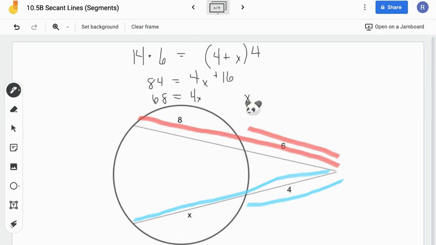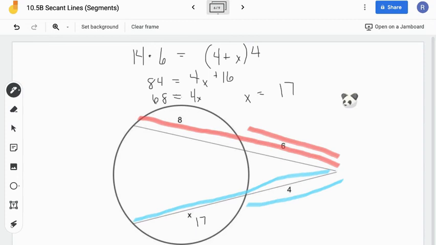Which means if I divide it, I'll get x is equal to 17. So this length here is going to be 17. Nope, that length is going to be 17.